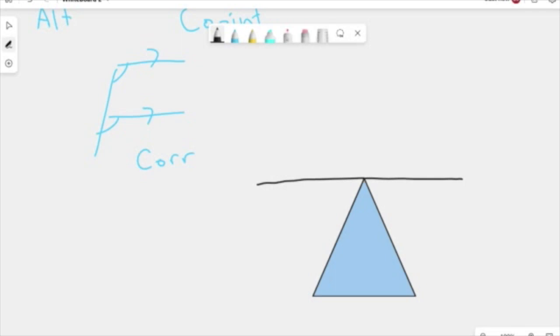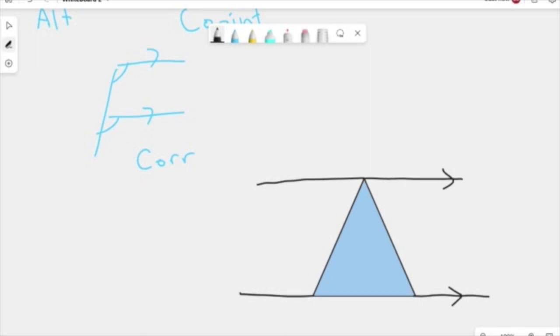Now, it's a bit hard to tell because I haven't drawn them 100% straight, but we are going to make these lines parallel. And that's going to give us a little room to work with. See what I mean?